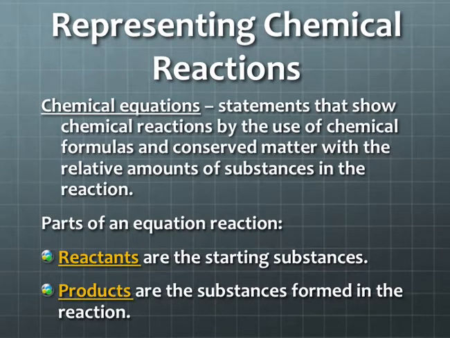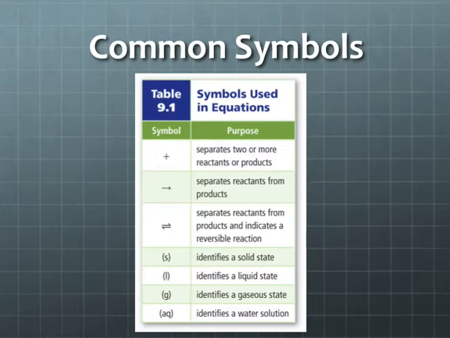So when we represent chemical equations, there are several different ways we can do this, but some of the basics here are that our reactants are what we're starting with, and that's always on the left-hand side, and our products are always the substances that we end up with, and those are on the right-hand side. Then we use a bunch of different symbols to separate things and identify some of the specifics.